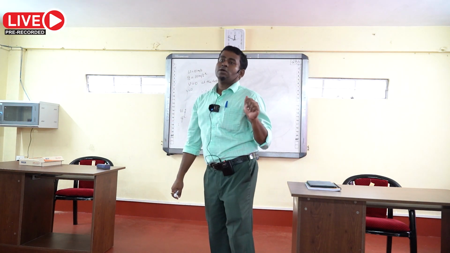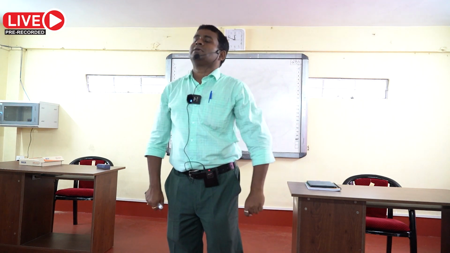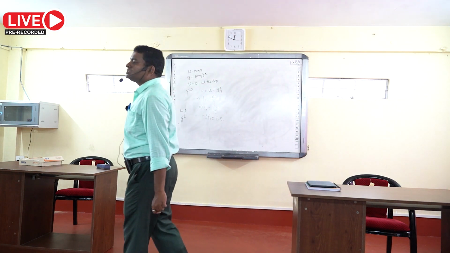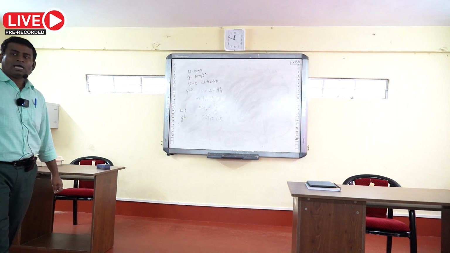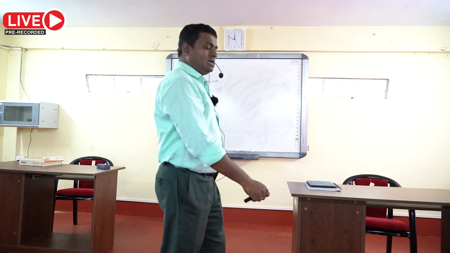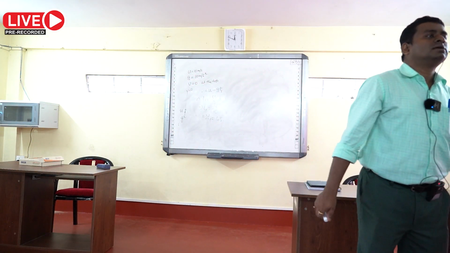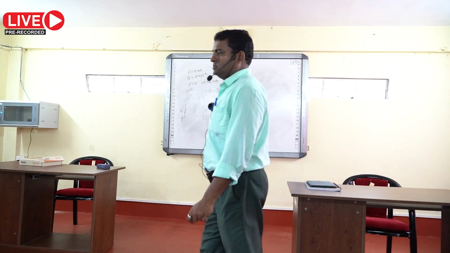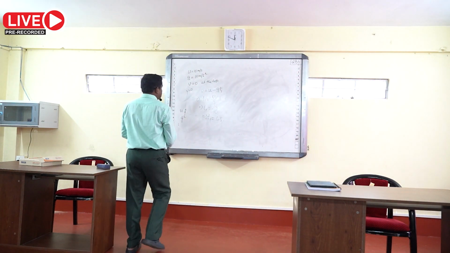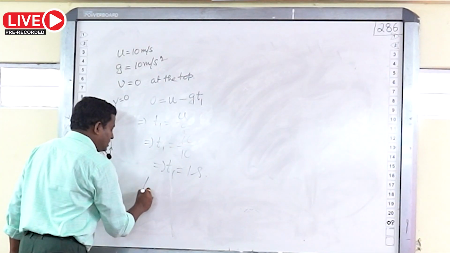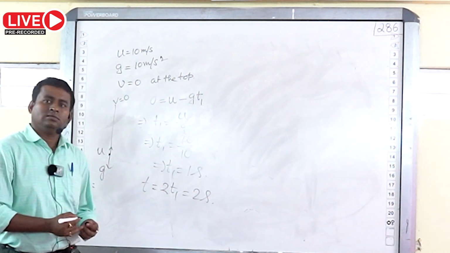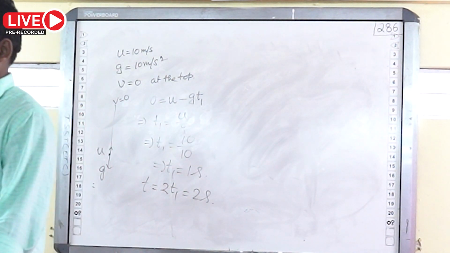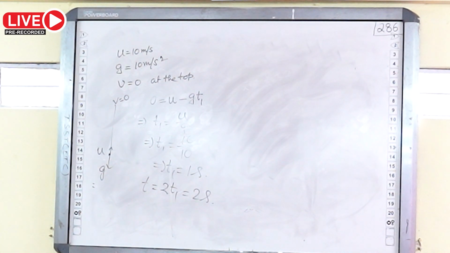So write down: in absence of air resistance, time of ascent is equal to time of descent. So I can write total time taken, T, will be equal to 2T1, that is 2 seconds. Okay, this is the solution. After 2 seconds it will return to the point of projection.